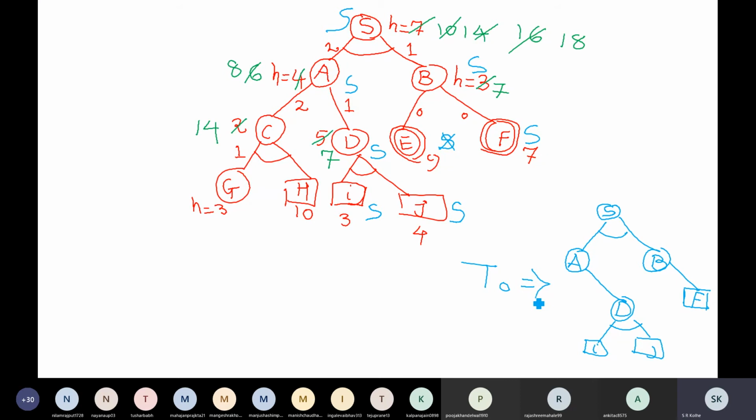So the algorithm will return all the nodes whose label is solved. Okay, what is the cost to return this? 18, right? Correct. So the cost required for this solution will be 18. Total cost will be 18.